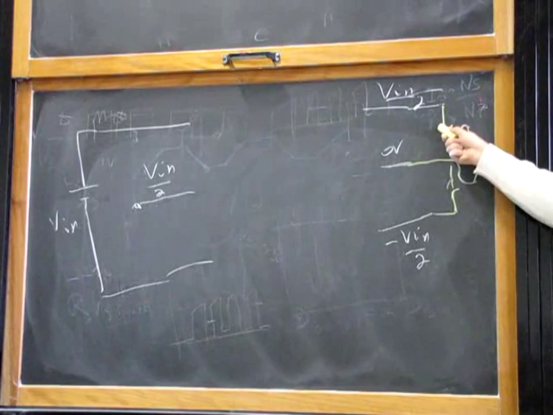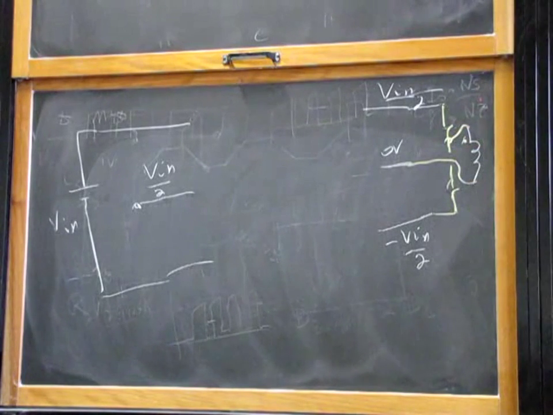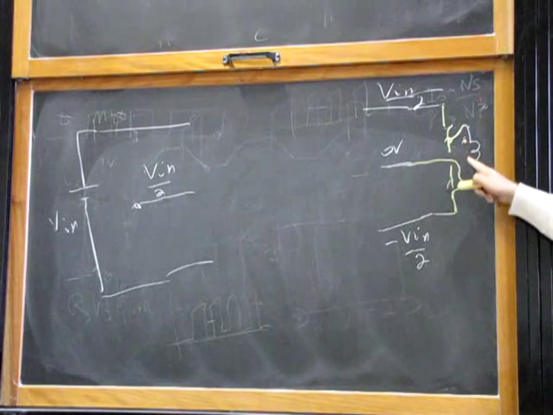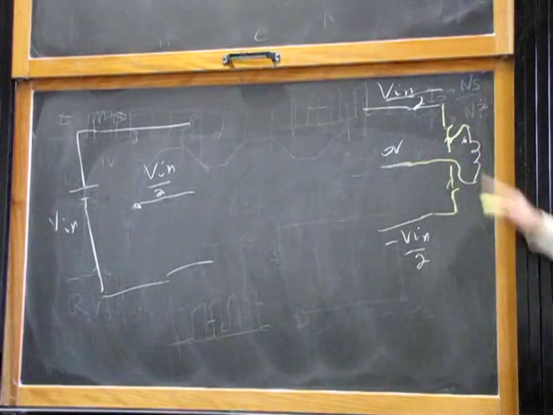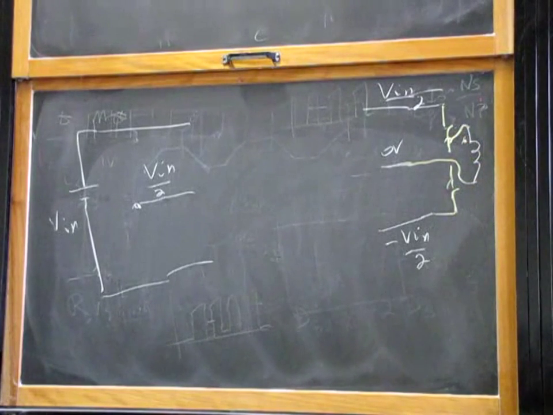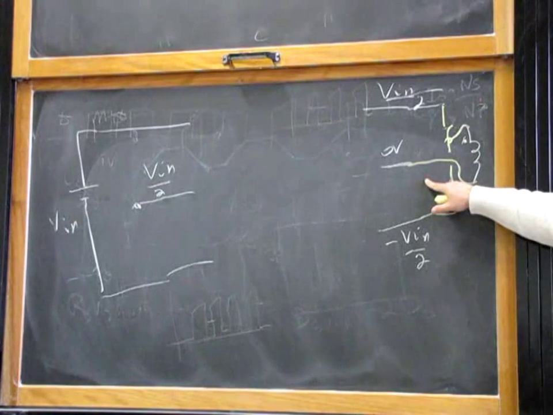When I close the first switch, what voltage do I get on the primary winding? V over 2. And when I close the second switch, what voltage do I get? Negative V over 2.